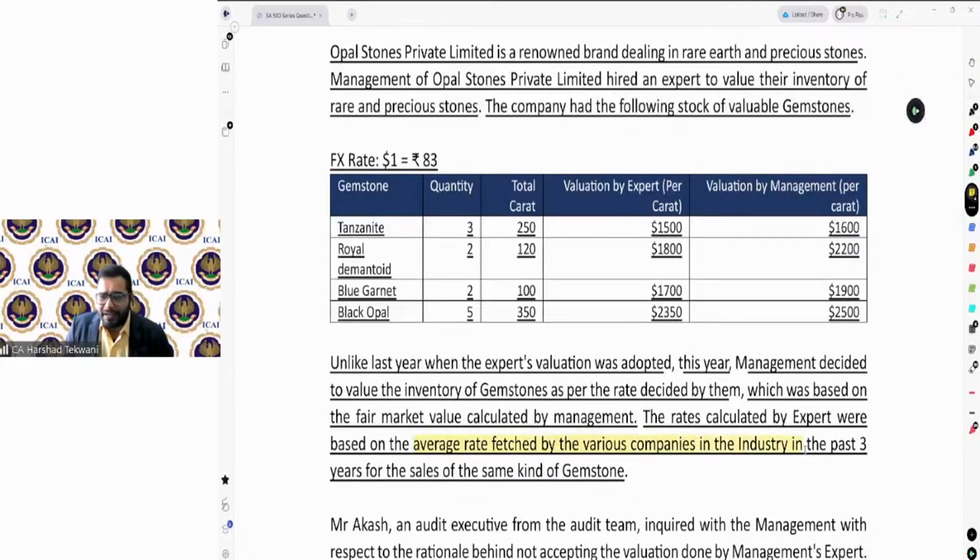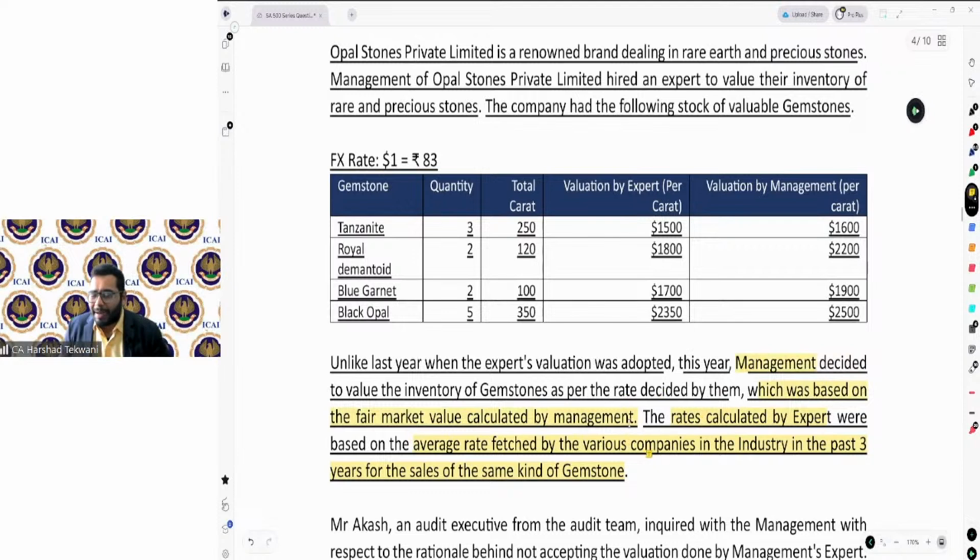That was the rates calculated by the expert. However, management decided to value the gemstone as per the rate decided by them, which was based on the fair market value calculated by management.